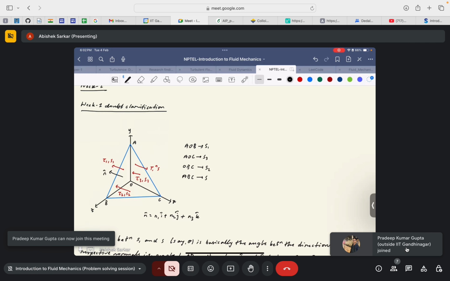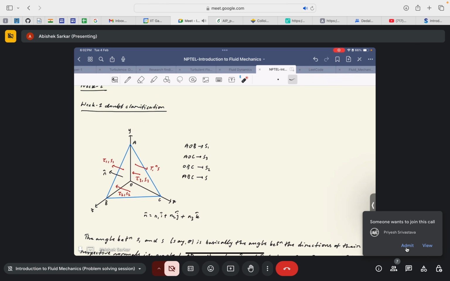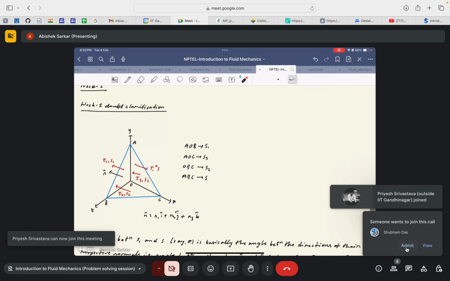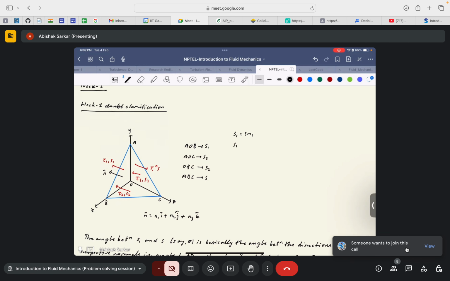There were some doubts in last week's discussion regarding the relation where Professor Chakraborty wrote that surface S1 is equal to Sn1, S2 is equal to Sn2, and S3 is equal to Sn3.